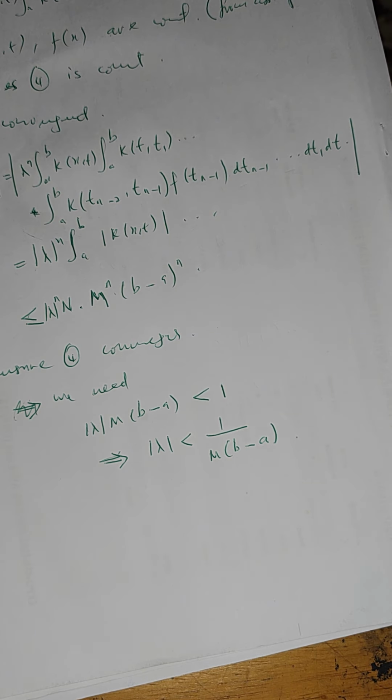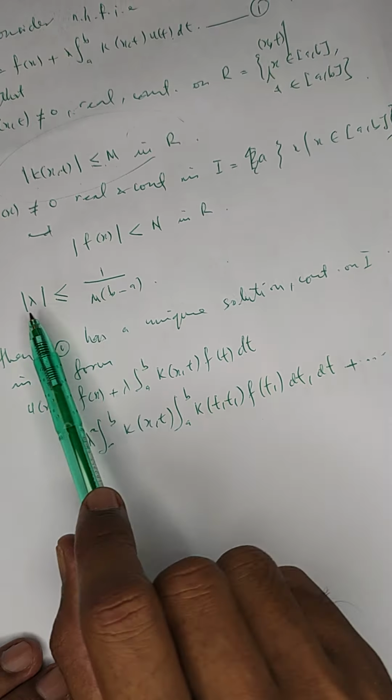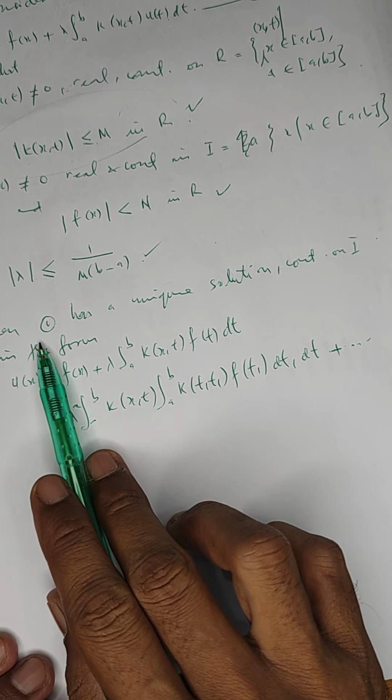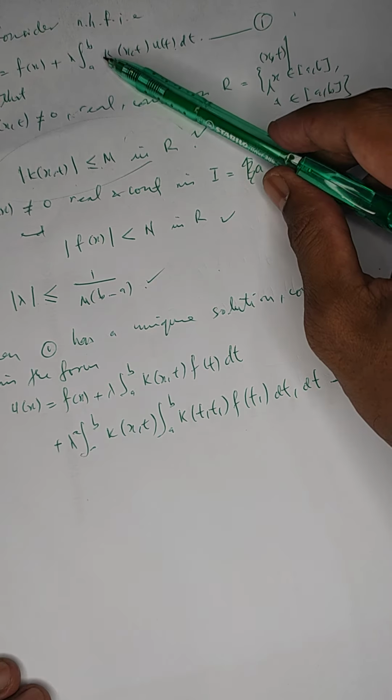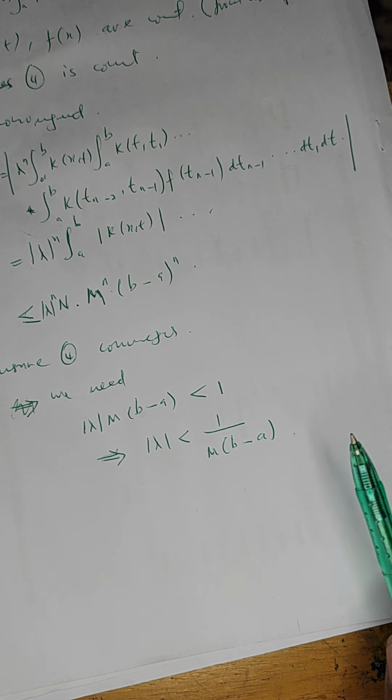This is in line with our assumption in part 3, lambda less than that. So if we have this, then our solution to the non-homogeneous Fredholm integral equation is unique, continuous, and convergent. The infinite series converges absolutely and uniformly when the condition holds.